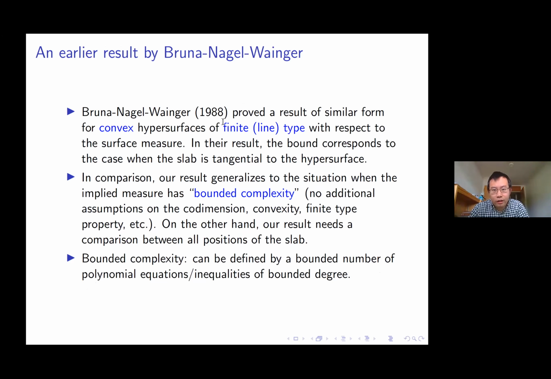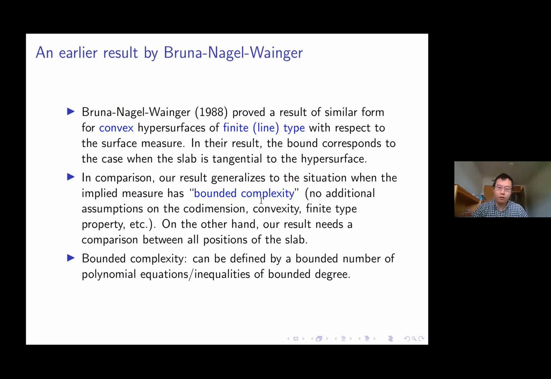They proved in 1988 a similar form for convex hypersurfaces of finite type with respect to the surface measure, meaning they're studying the Fourier decay of the surface measure of convex hypersurfaces of finite type in any dimensions. And they obtain a result that's similar to ours in this geometric sense. Their bound corresponds to the case when the slab is tangential to the hypersurface, meaning that you take the intersection of the slab with the surface in the case where the slab is tangential.